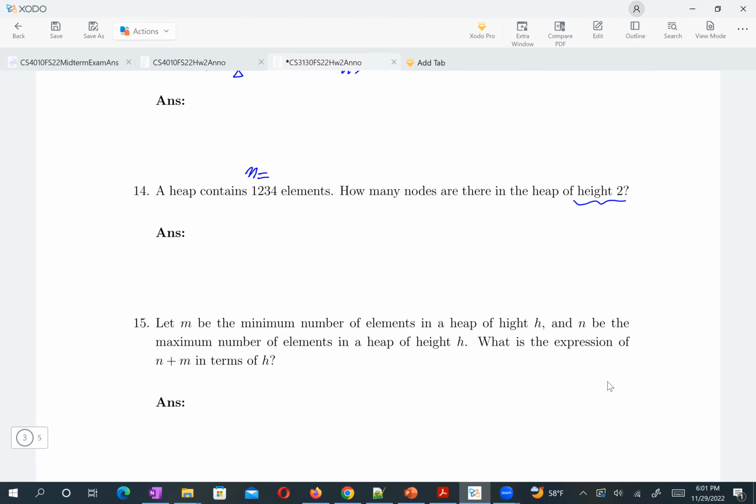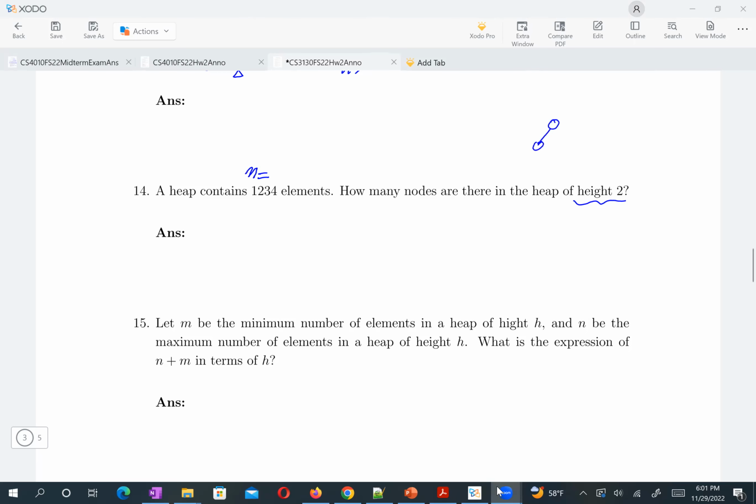We spent a lot of time studying the height for different nodes in the heap, and we have formulas. Here I'd like you to understand the structure based on the binary tree structure of a heap, and connect it to the height information.